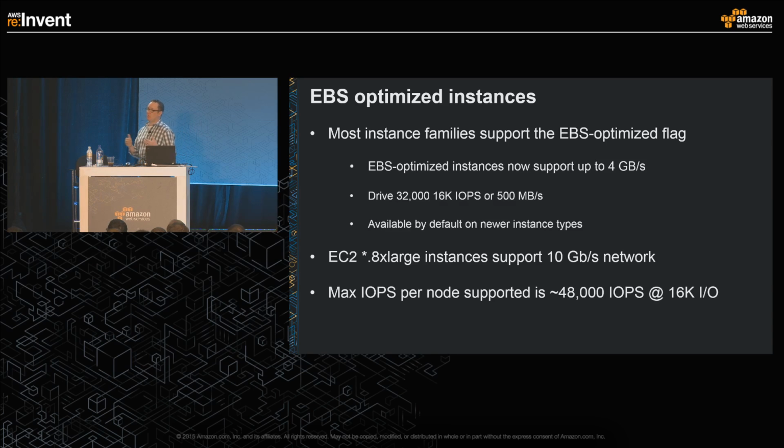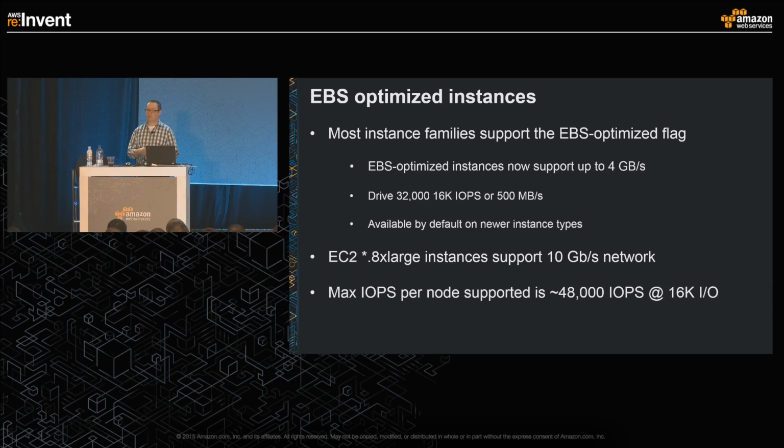Because it's network block storage, we have a network component between us and the EBS servers from an EC2 perspective. With EBS optimized, you're able to get a dedicated amount of bandwidth allocated to your instance, so that if you've got a heavy application stack running, the traffic to the application stack is not contending with the EBS traffic.